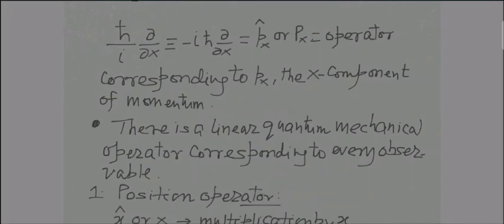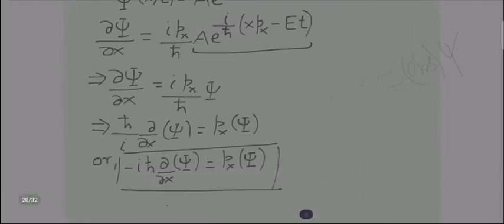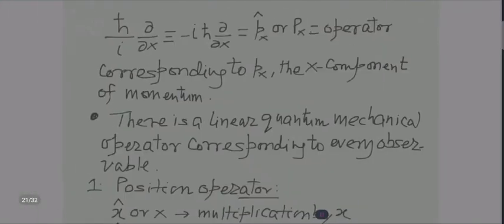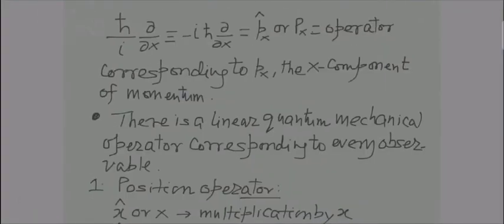Now again, the thing which has been written in the last, I am repeating the same thing: h cut by i del by del x, equal to minus i h cut del by del x, equal to px hat.